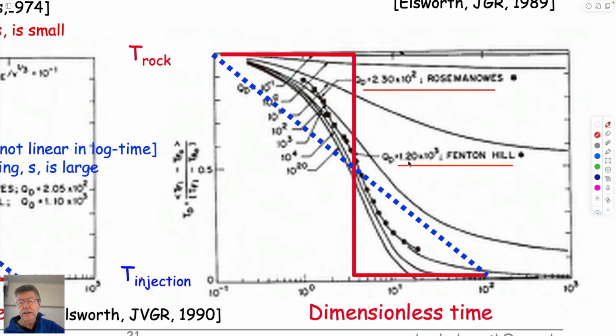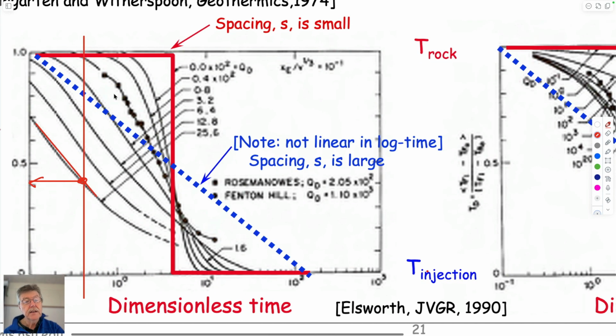These dimensionless flow rates are of the order of 10 to the 2 or 10 to the 3, so 100 or 1,000. These are the data that plot on top of those. And so you find that if you look at either of those systems, they plot at a magnitude for QD of somewhere between 100 and 1,000. It has no dimensions because it's a ratio of a bunch of parameters.